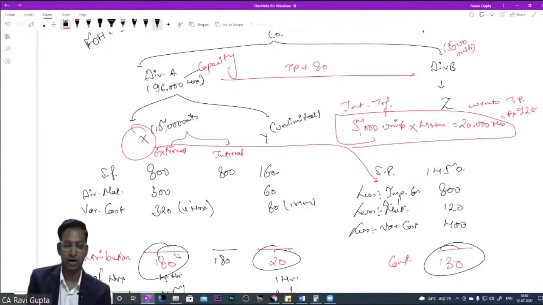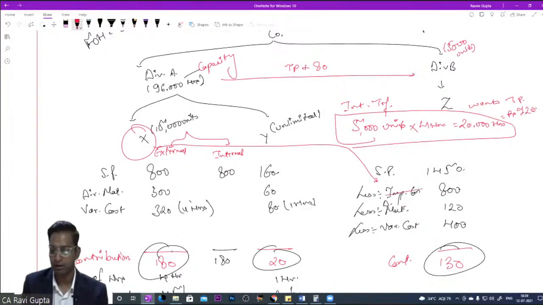I want your answer. If we are replacing it with material X and material X has been transferred at a market price of 800 rupees, what will be the cost to division B for material X? Please answer, everyone.